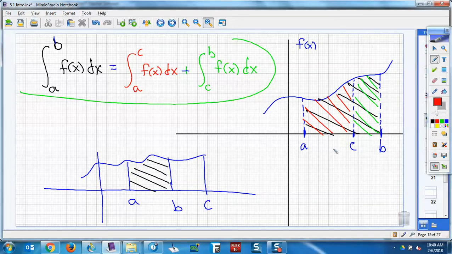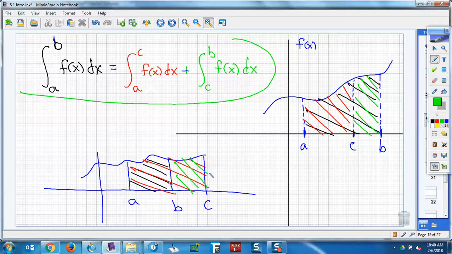A to C is the red, that's this area, and C to B is the green, that's this area. Except what? C to B goes backwards, right? So let's see if this really does make sense.